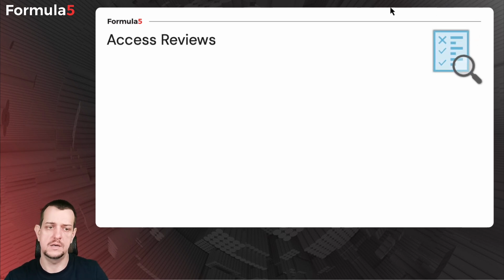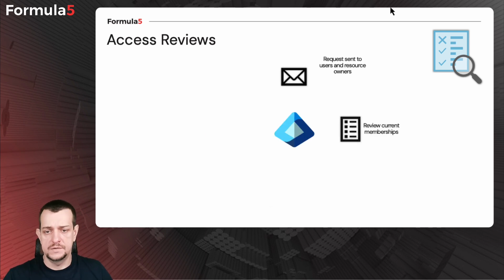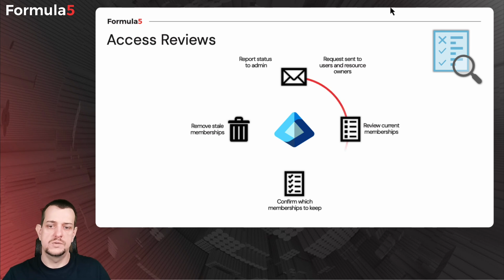Going further, I have mentioned access to the resources. Let's now take a look at the access reviews, which is the situation when we can create the review on a specific basis, like monthly, quarterly, or yearly. It can be defined pretty well. So how it looks: first of all, the request will be sent to the users and resource owners.